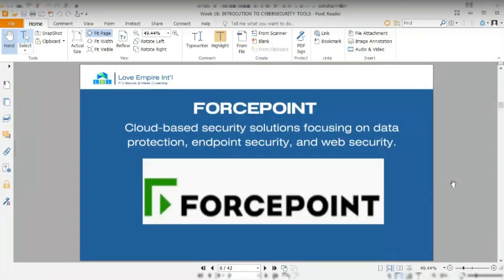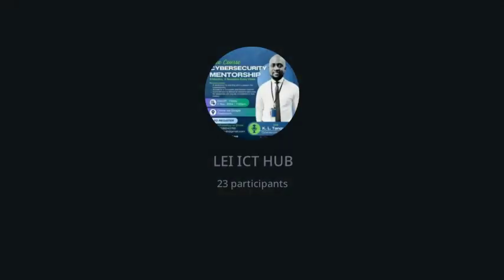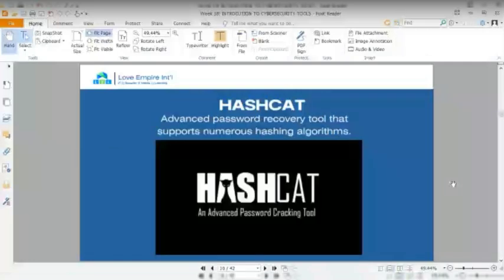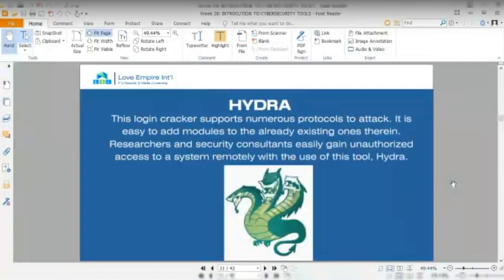We have Forcepoint. This is a cloud-based security solution focusing on data protection, endpoint security, and web security. We have GFI LanGuard, a network vulnerability scanning, patch management, and network auditing tool. Hashcat is an advanced password recovery tool that supports numerous hashing algorithms. Don't worry if you don't understand what hashing is or what an algorithm is.